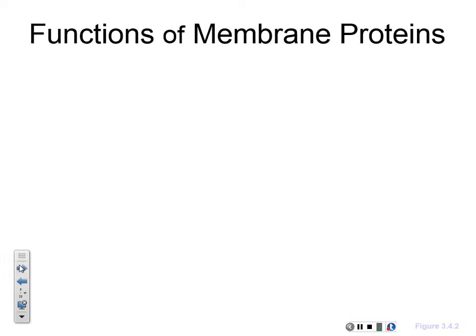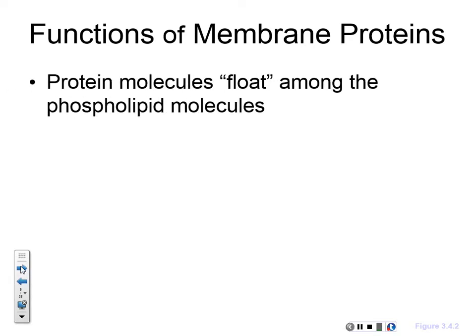So functions of the membrane proteins. All right, so we got protein molecules that are floating, and some of them are only on the outsides. Most of them are transmembrane, which means they go across the lipid bilayer.